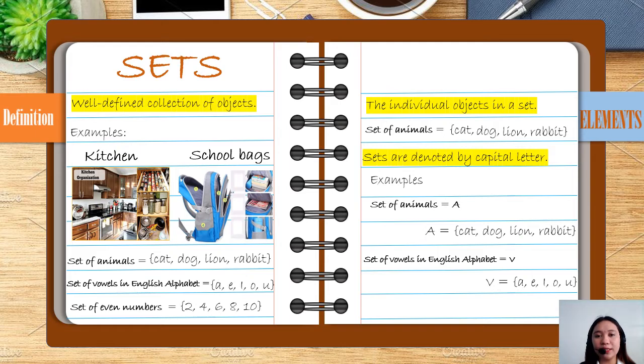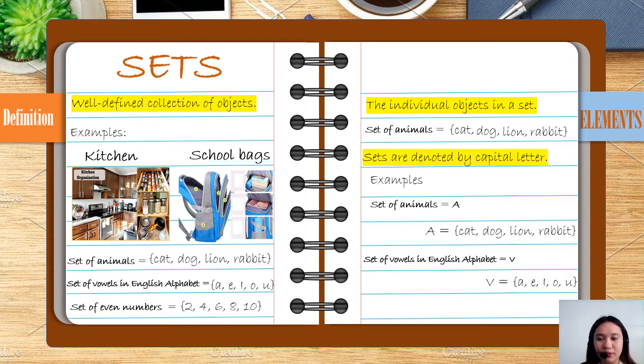If we are given a set and an element, we will know for sure whether the element belongs to the set. For example, in the set of animals, cat is an element of set A, since in set A we have cat.